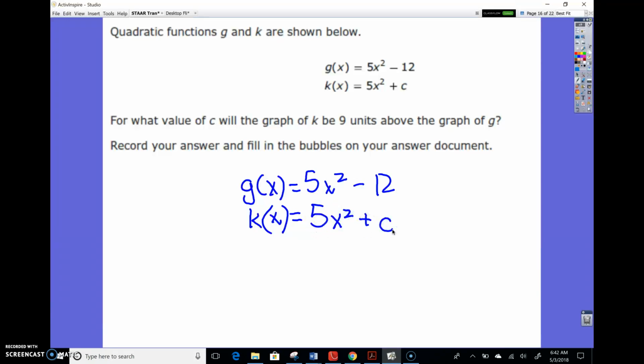For what value of c will the graph be 9 units above? Remember, these numbers right here tell you that it's going to translate. I want it 9 units above, so I'm going to just put plus 9. Negative 12 plus 9, you should get negative 3. That should be your answer.